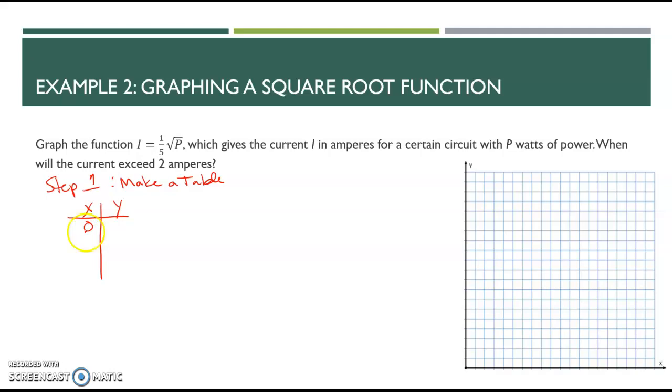From the textbook, what we're working with are amperes and watts and power and all of that. I'm calling that X, but technically that's P, and this one's I, but we're going to go with 0, 10, 50, and 100.